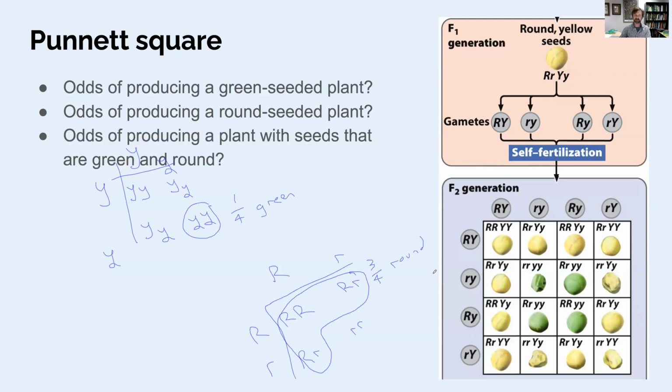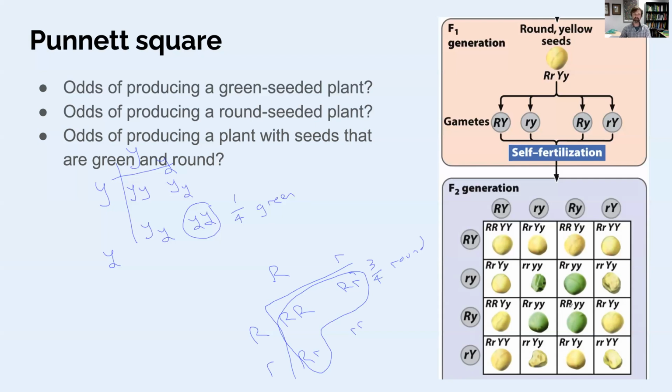Let's say you're asking the question, what if you got a plant that had green seeds and round seeds? This is where the Punnett square comes in handy. It saves you from thinking about these complex multi-gene possibilities for the phenotype. You can just draw out your Punnett square, figure out how the genotypes contribute to phenotypes, and then figure that out. This one's nicely illustrated for you.